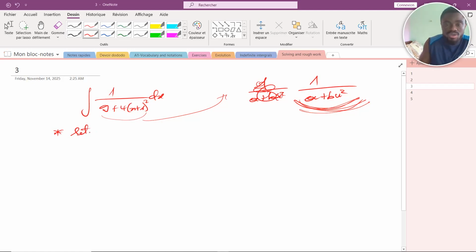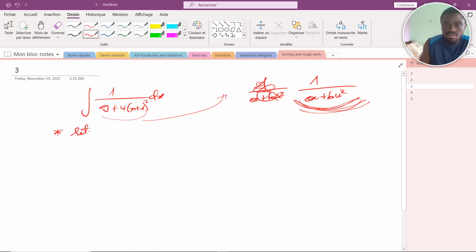Don't be afraid, the result will be the same. I'm just trying to explain this approach because you can see it in some textbooks, and don't think that it's a wrong approach. It's still a correct approach, just that my approach is faster than this approach.